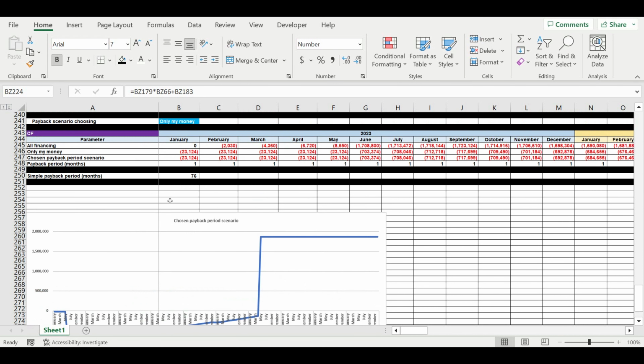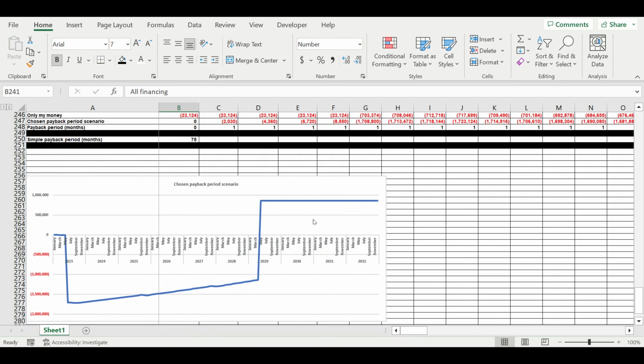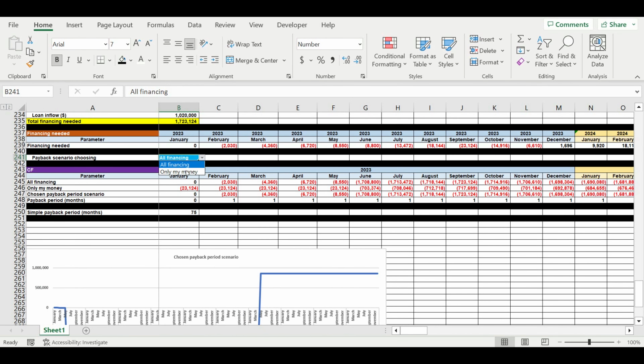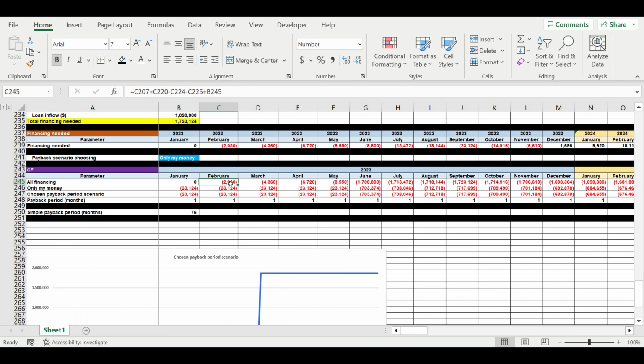So we can play with scenarios as well. So this is a story about payback period.